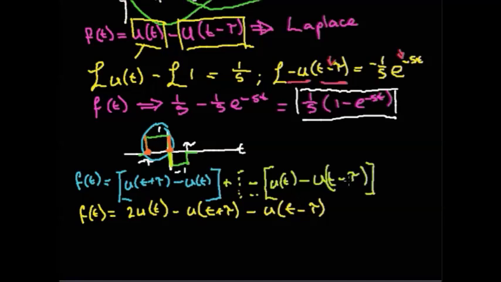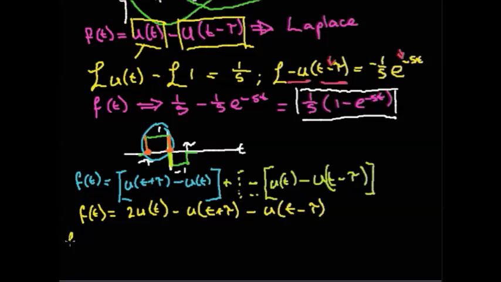And you can see where I've gathered up, there's one of my minus taus, there's one u of t plus tau, and then there's 1, 2 u of t's. So good! Let's do the Laplace on that.